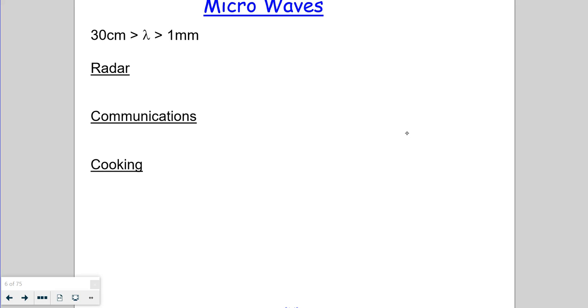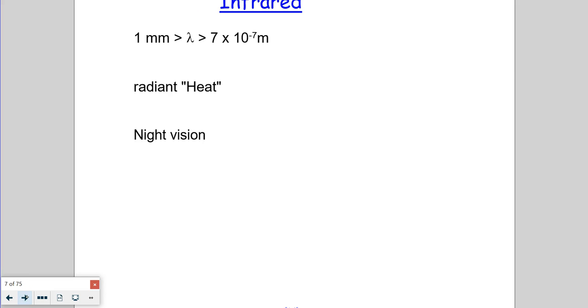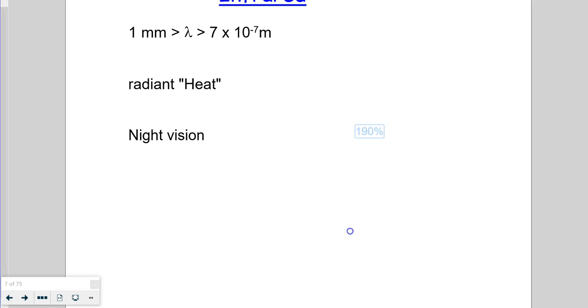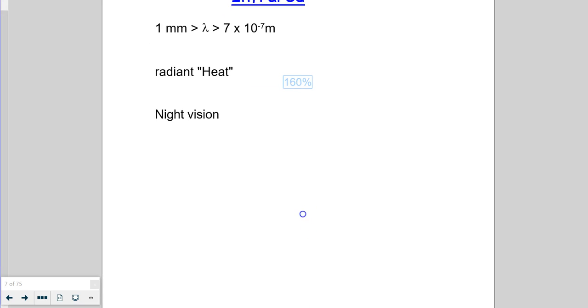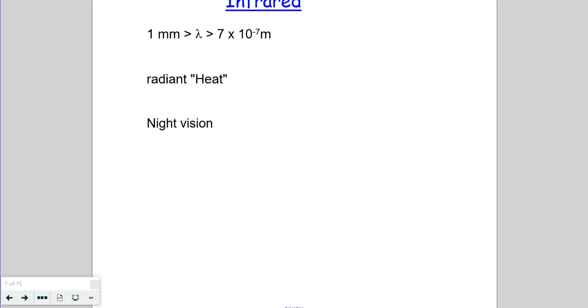Okay, so our next form is infrared. Unfortunately, some students say it wrong. Night vision would be a classic example of the use of infrared, along with heat lamps.